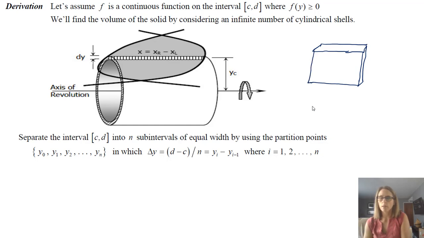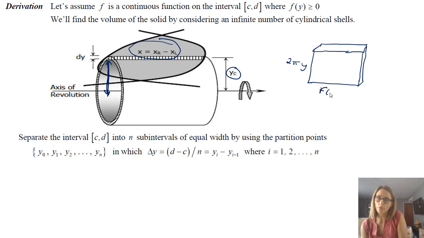All right, so it's going to look like this. What this looks like is going to be the 2 pi y, where the radius is this distance here. That's what you're being given, just from there to there. And then it's using this kind of notation here, but this is just typically f of y.